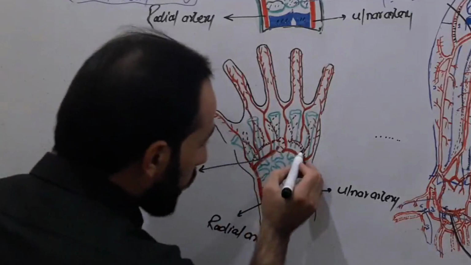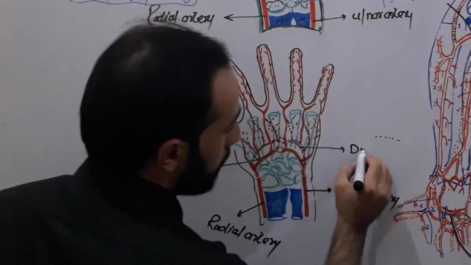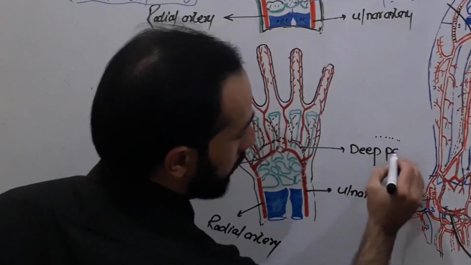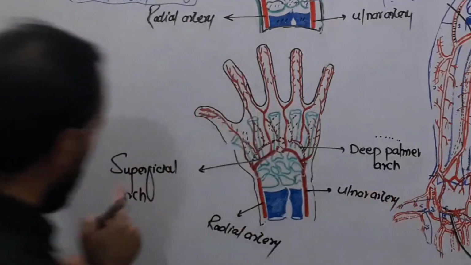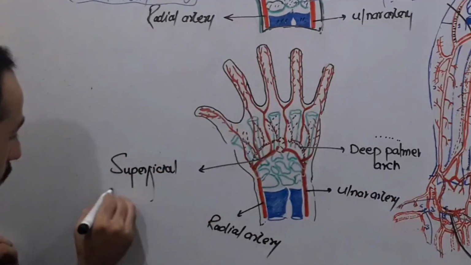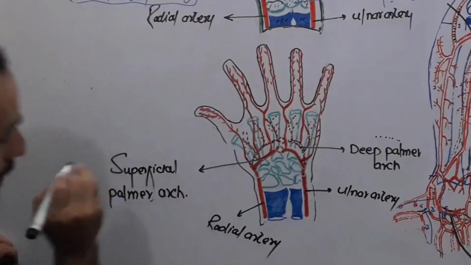And this arc which is present in dotted manner is called the deep palmar arch. And the same is the case here, superficial palmar arch, right?